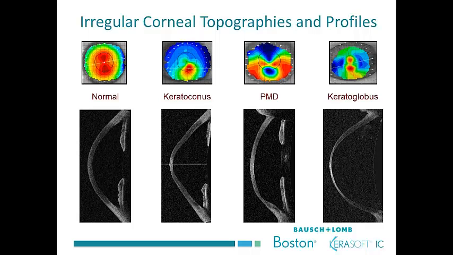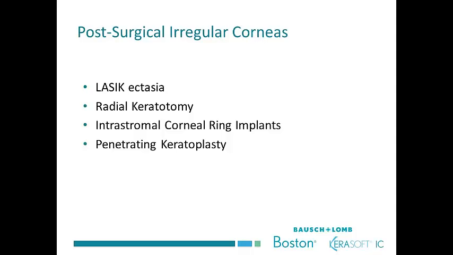And often the thinnest portion is actually the mid-peripheral portion as well. But here you can also see where if you had a very large cone, it could be easily confused with keratoglobus. Now that's the naturally occurring ectasias.